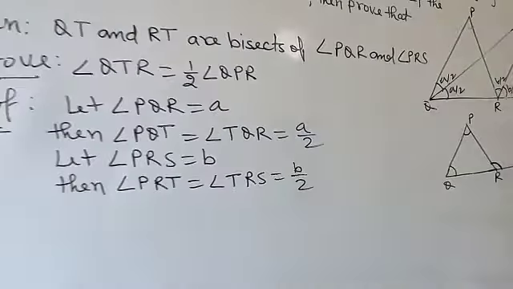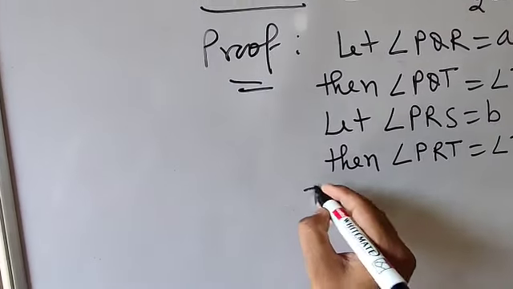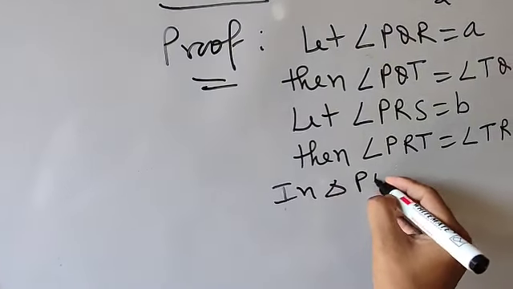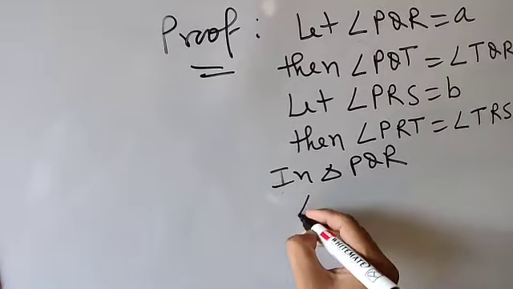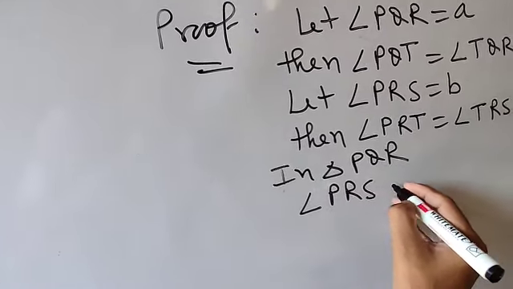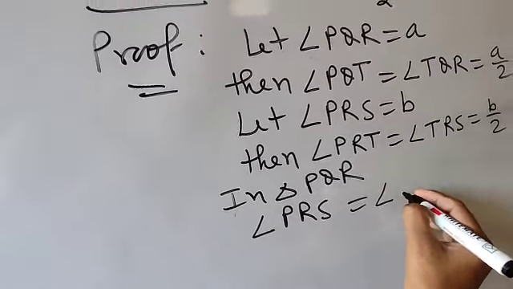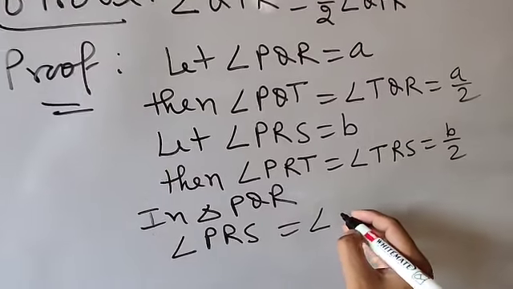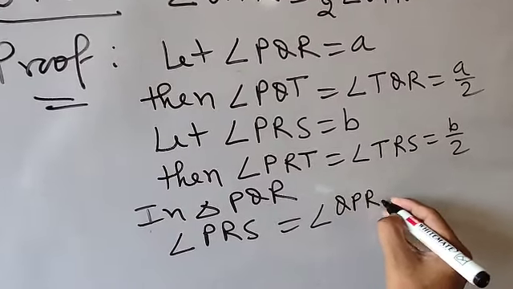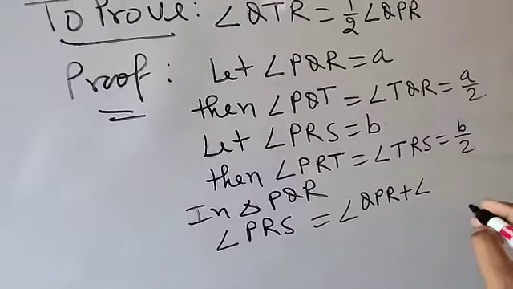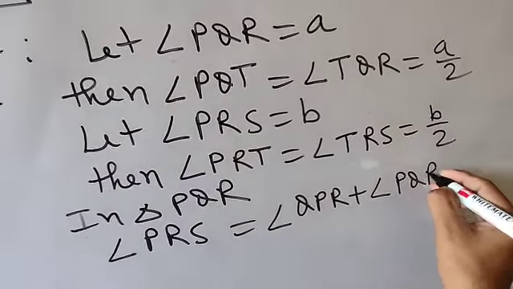So here I am going to write, in triangle PQR, angle PRS is equal to angle QPR plus angle PQR.